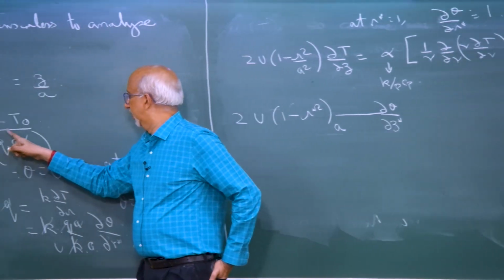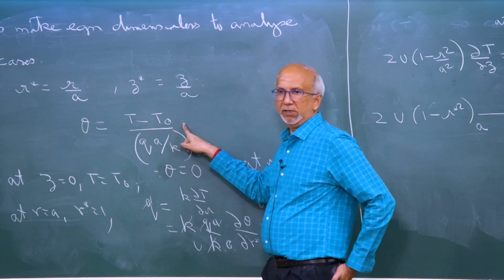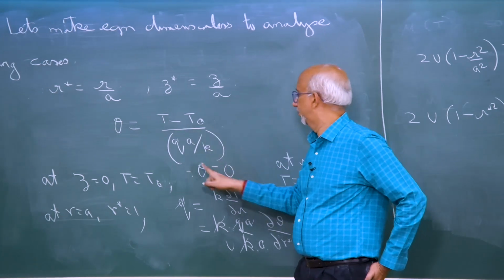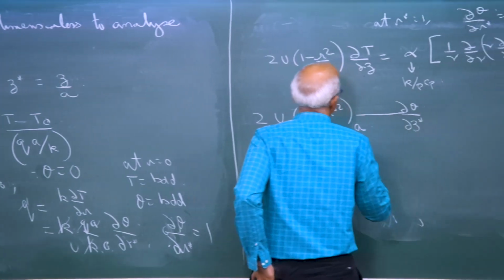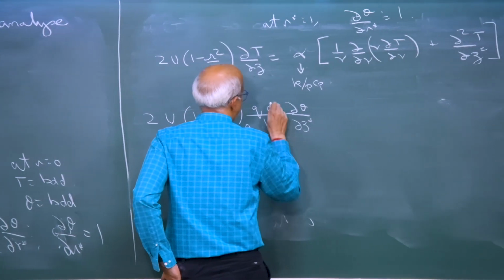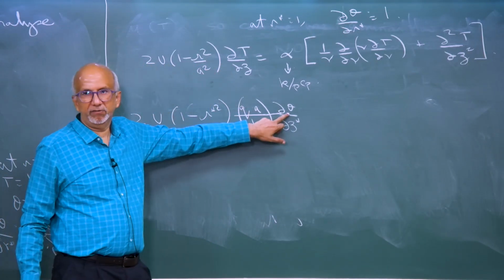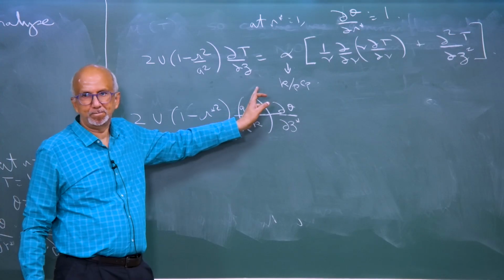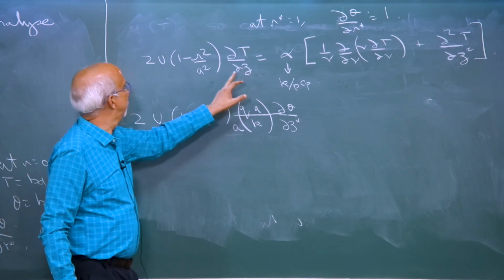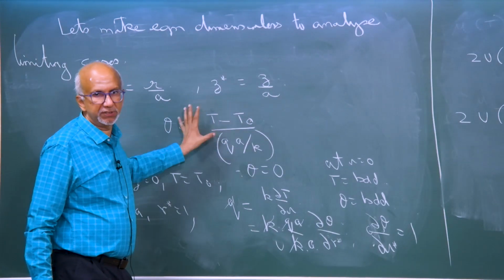When I have T minus T naught, the derivative of T naught is 0 because T naught is a constant. So q a by k comes from converting T to theta. You can just think of differentiating this whole thing. T naught is a constant, and does not contribute.